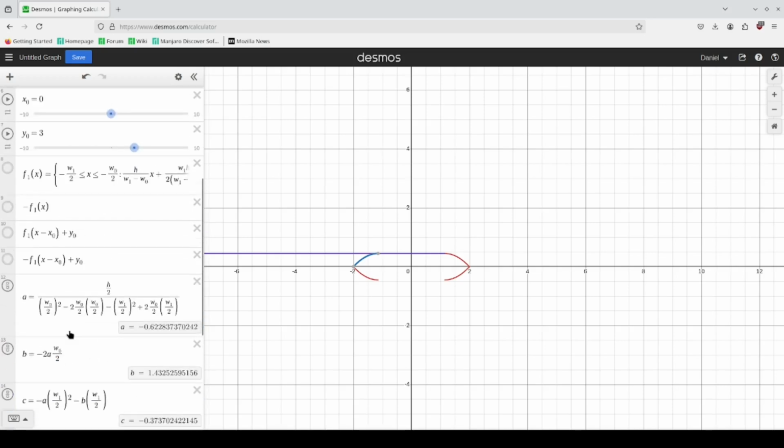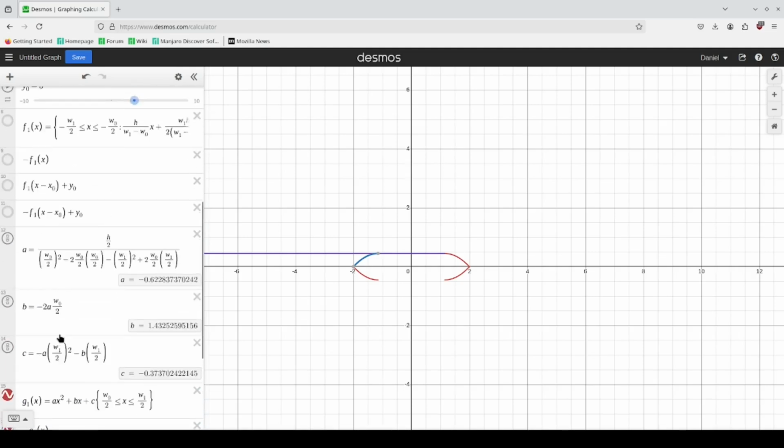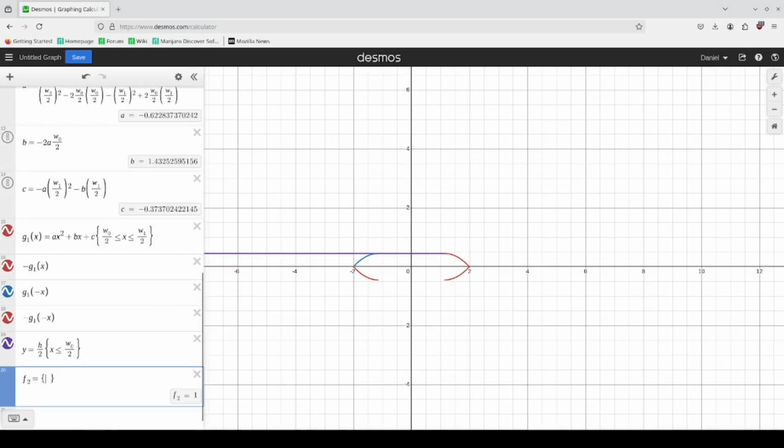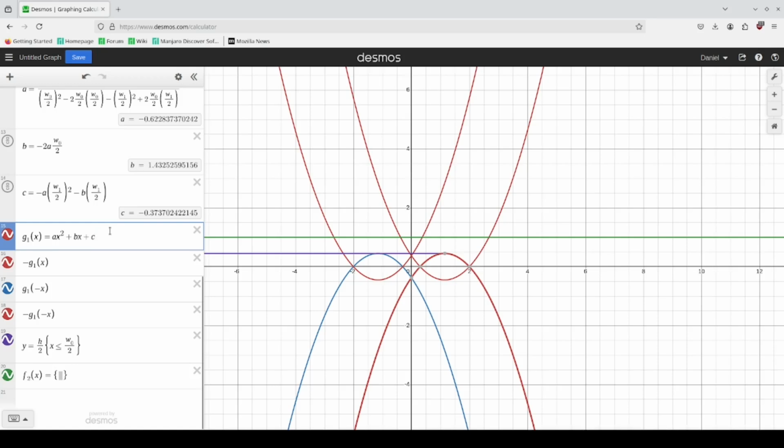So to put in a piecewise function, we're using F1 before, so let's use F2. And so for F2, we're going to go G sub 1 of X if it's between, so we're going to delete this and we'll define the boundaries in here.